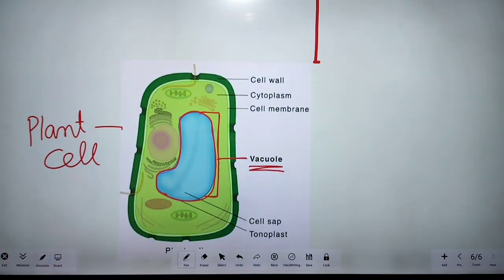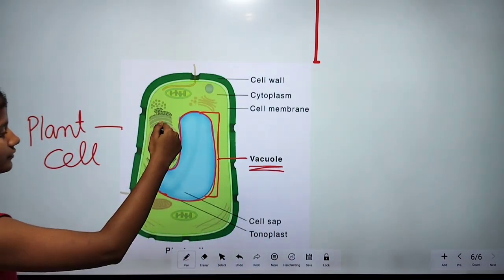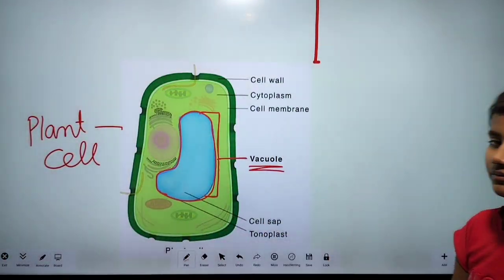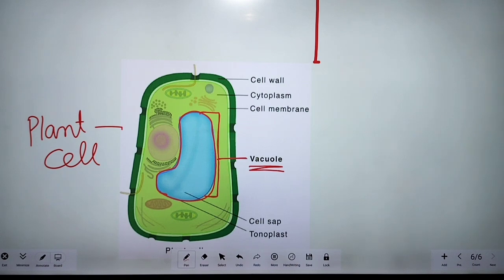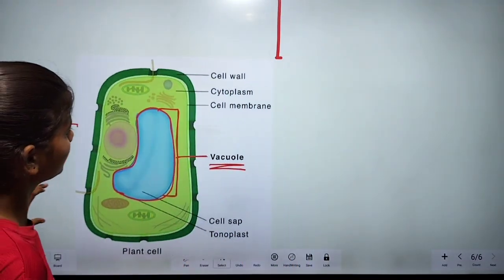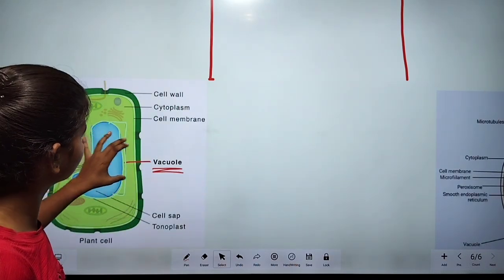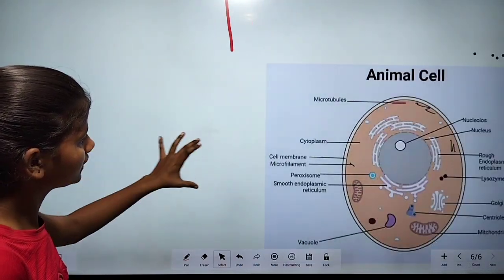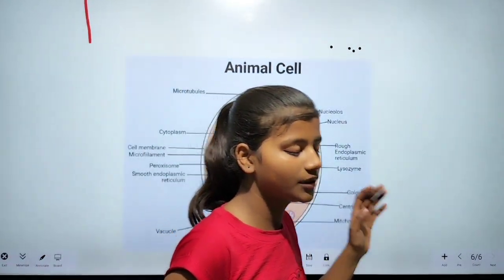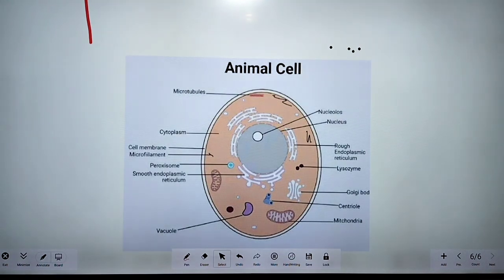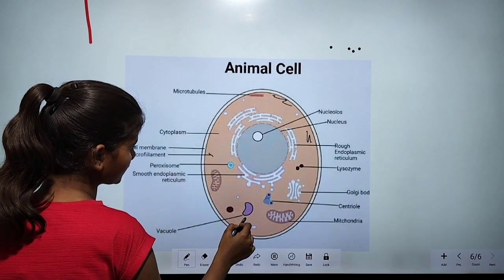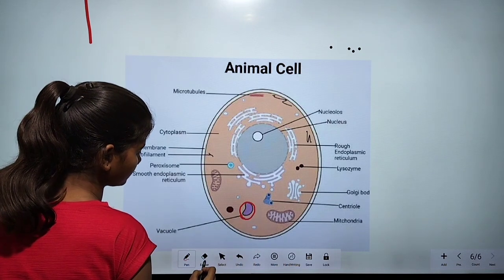In plant cell it is present in a large size. You can see in the figure. It stores metabolic waste of plant cell, and in animal cell, it is mainly absent, but if it is present, then very small in size. Here you can see that this one is vacuole.